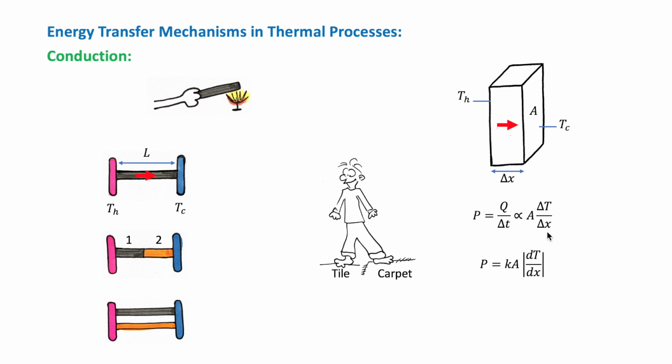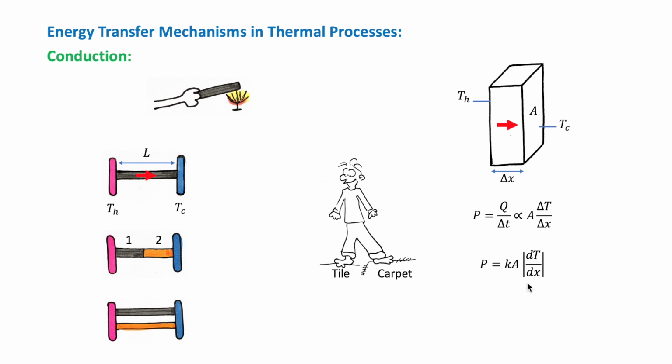And so we have the rate of energy transfer by heat is equal to kA times the absolute value of dT over dx, where k is a proportionality constant known as the thermal conductivity of the material, and dT over dx is the temperature gradient.